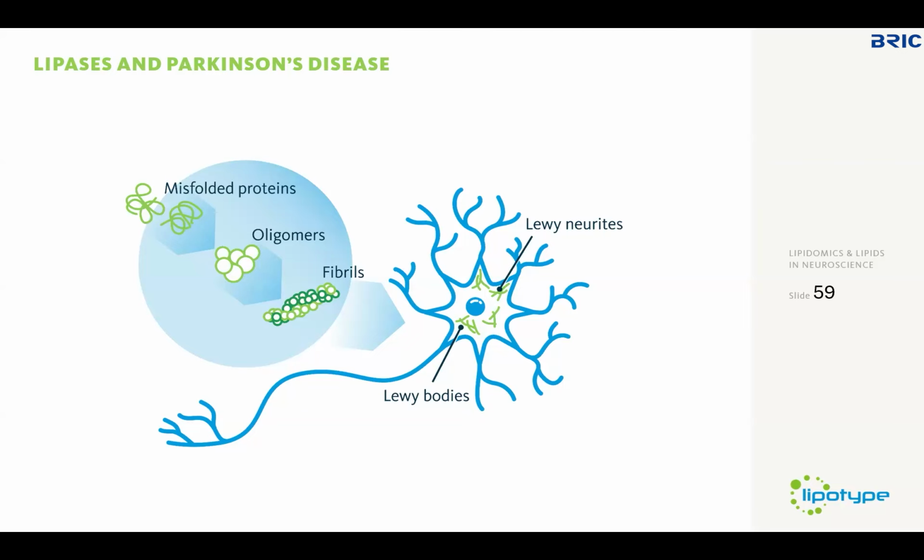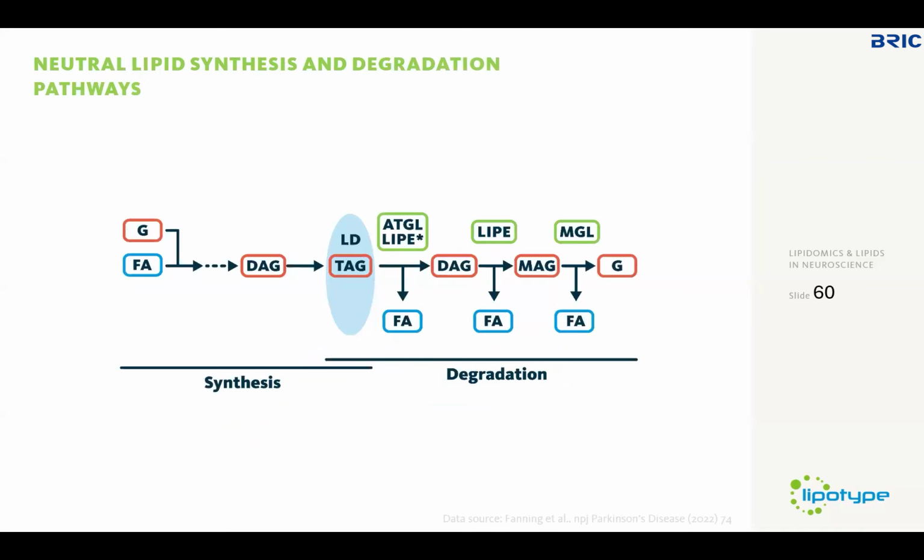So what our colleagues wanted to check is the particular role of lipases in neurolipid synthesis and degradation in Parkinson's disease development, and they wanted to test a potential new therapeutic target, a triglyceride lipase called LIPE, that breaks down TAGs.